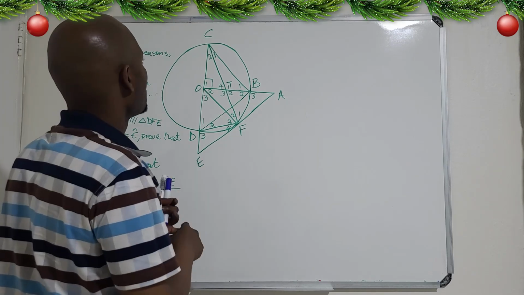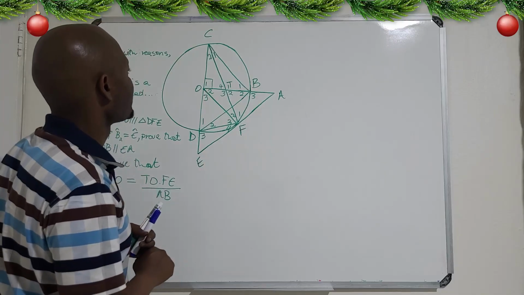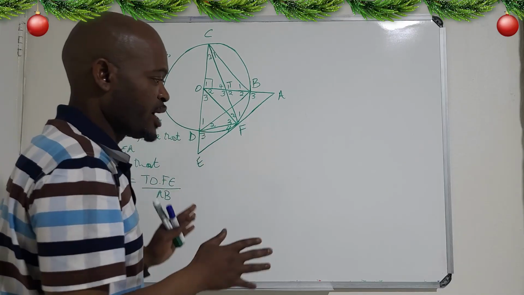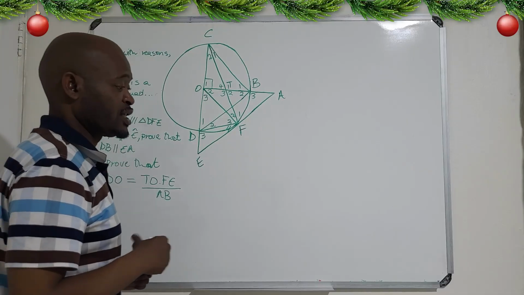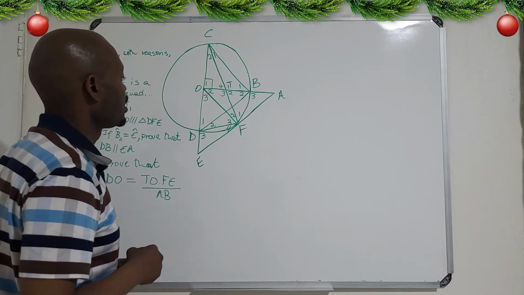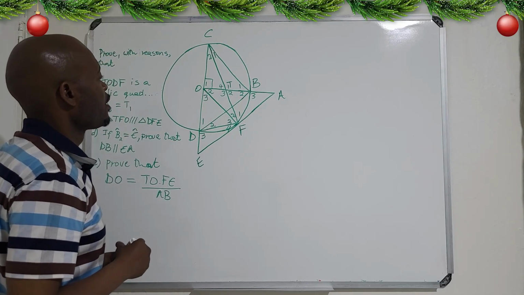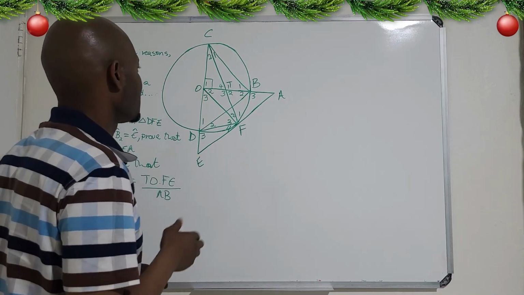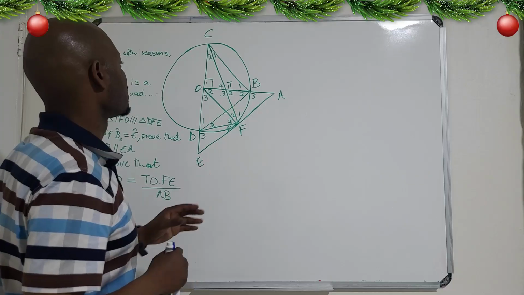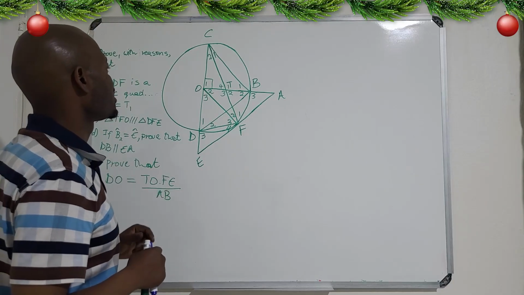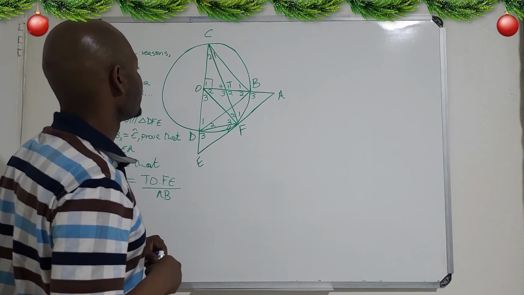Now, we do have chords, but we were never told about any cyclic quad here. Therefore, we'll just say cyclic quads are not there. Now, tangents, there is a tangent in this problem. Now, let's eliminate chord theorems. Is there a line from the center to the midpoint of the chord?